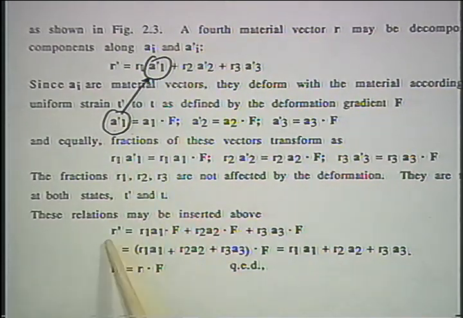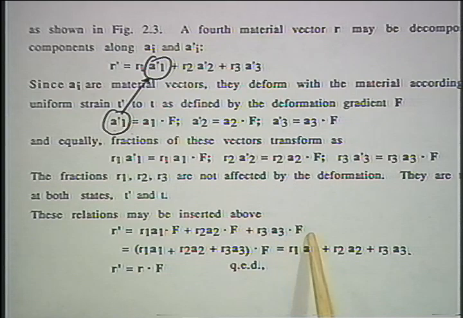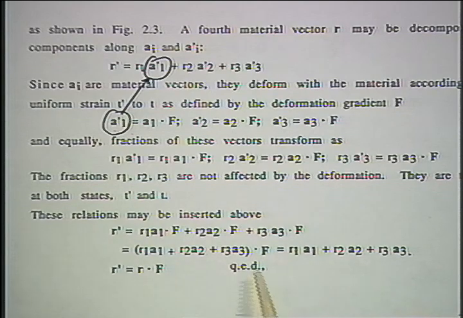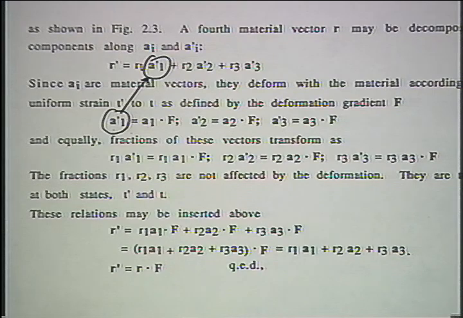we would get the new formulation: R prime is equal to R1, our same coefficient, times A1 times F, the same one we do for A2 times F, A3 times F, and F is factorized in all three cases, so we can put this outside, and we get R prime is equal to this vector times F, and it's really equal to, I left something out here.